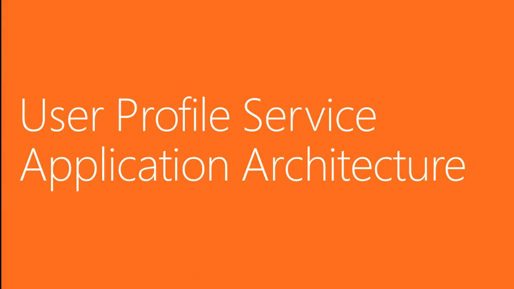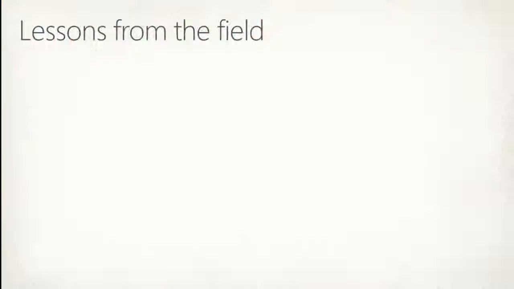Okay. So let's now move a bit more towards the SharePoint specifics. And I just want to spend a few moments talking about the user profile service application architecture. We have noticed some very clear lessons from the field in terms of the deployment since the release of SharePoint 2010.